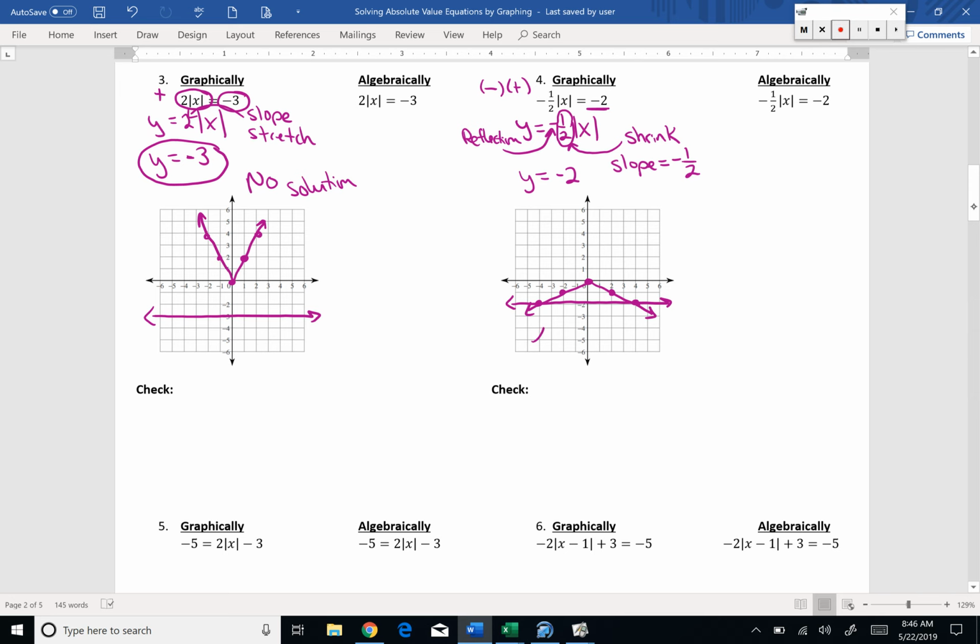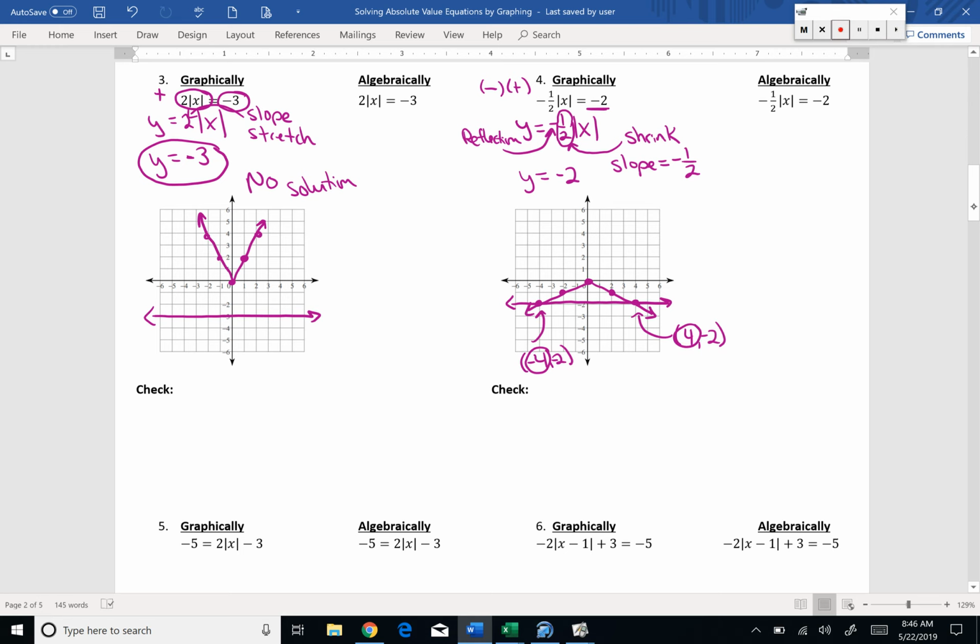Then we find where we intersect. Whoops, -4, -2. Here we go. And remember, we just need the x values.